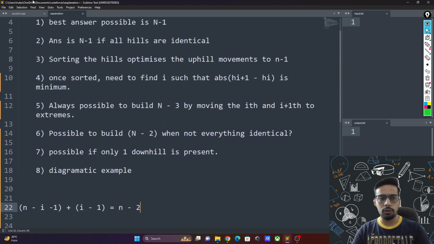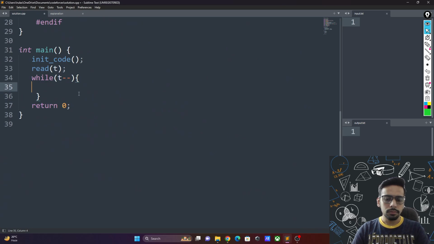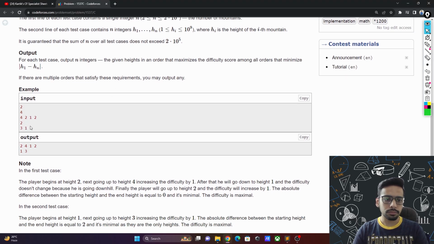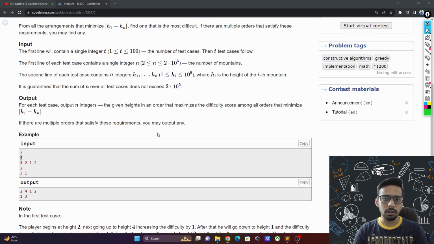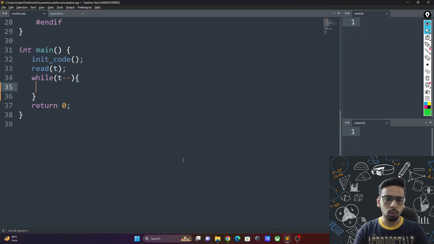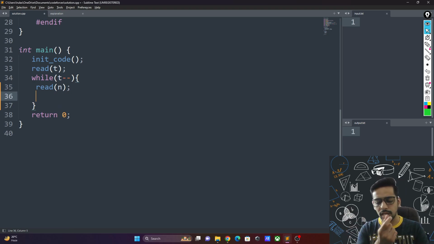I'll code the solution now. So I'll input t for the number of test cases. What's next? I think I have to input n now, the number of hills. Then I need to input the length of the hills.